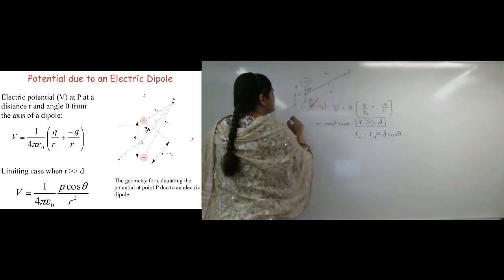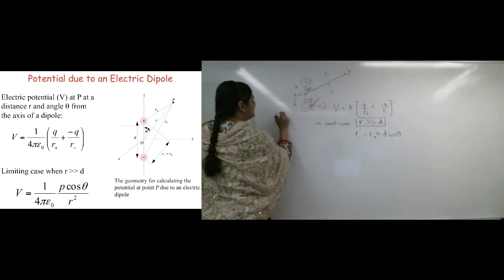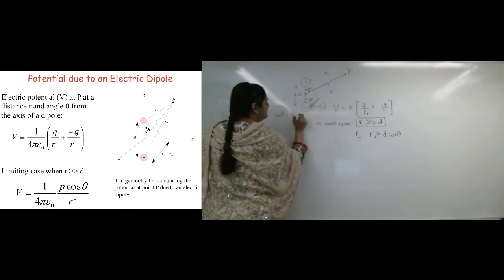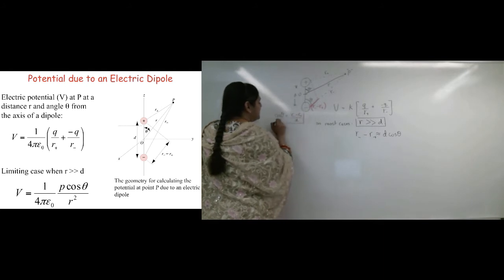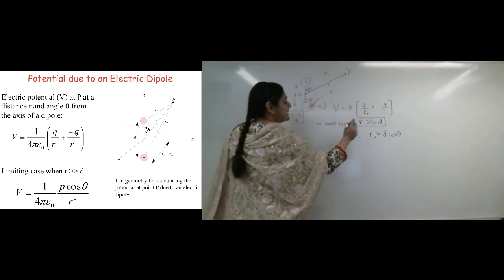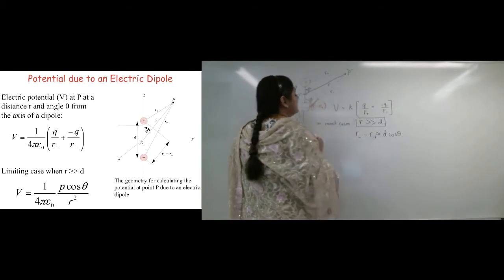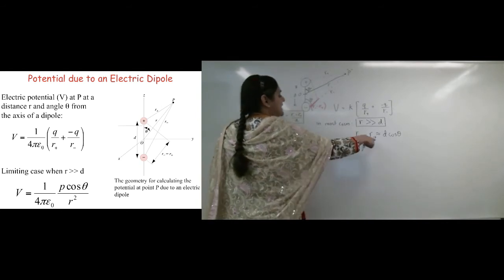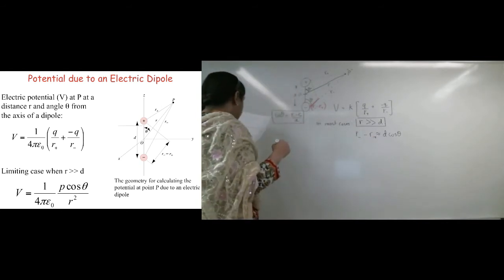So if this condition holds true, what is cosine of theta? Cosine of theta is r minus minus r plus divided by d. Again, noting that these two will be the same angle only if and only if r is much greater than d. So I can rewrite this expression as d cosine of theta.